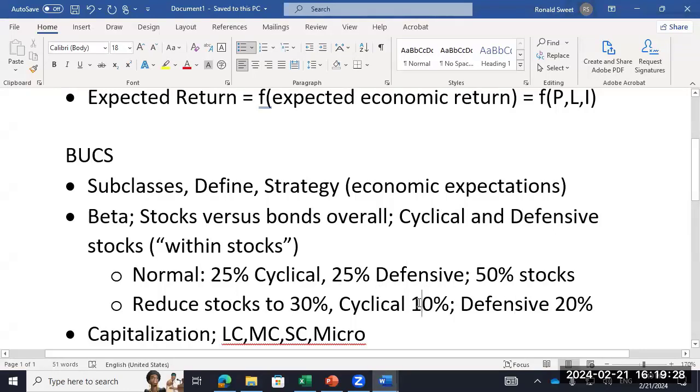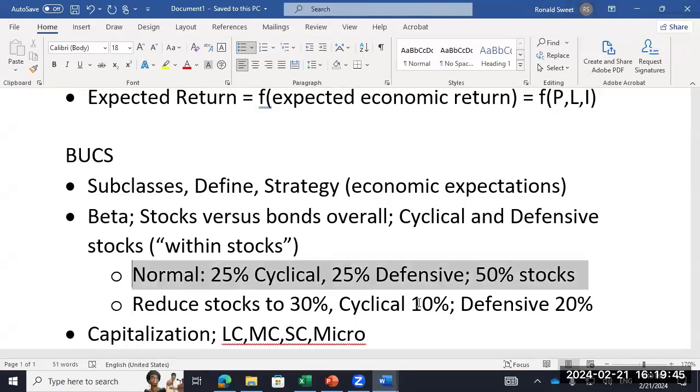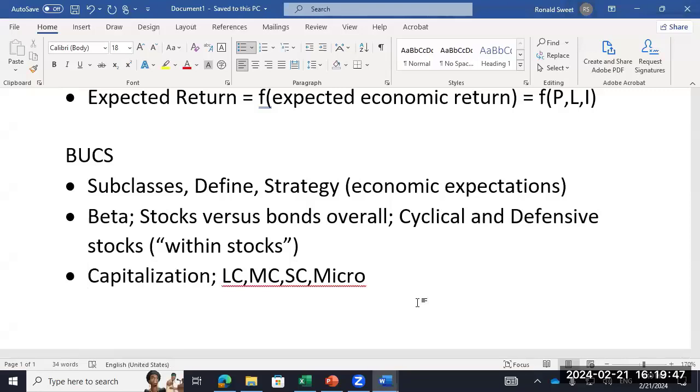Now I'm two-thirds defensive, one-third cyclical within stocks. If I look at defensive as a percentage of stocks, it's now 67%, but my overall defensive is 20 instead of 25. Does that make sense, Jalen? All right. So within stocks, I prefer defensive, but overall, I'm going to reduce my stock allocation.